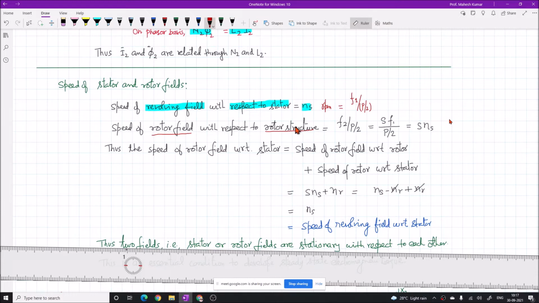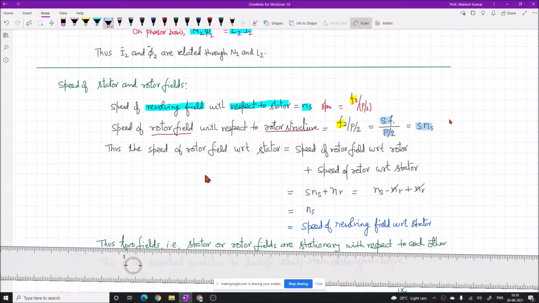So this field, which has come out of the induced voltage and current quantities, will be a rotating field relative to the rotor structure, and that should be f2 by p by 2, similar to this, because this frequency is f1 and this frequency is f2. So f2 by pair of poles, and f2 is nothing but s into f1. So s into f1 by p by 2 becomes s into ns. This is the speed of the rotor field with respect to the rotor structure.